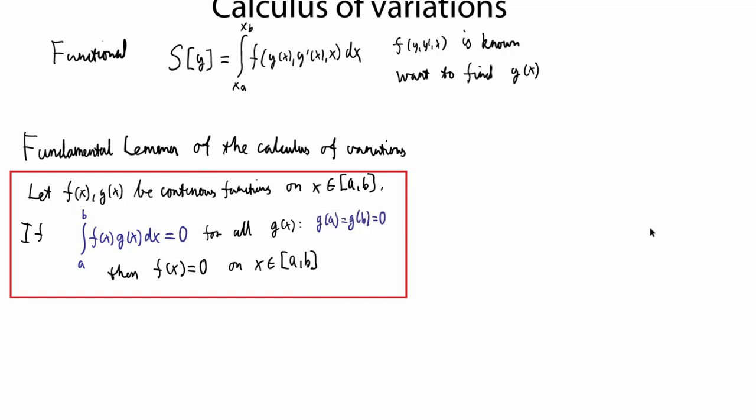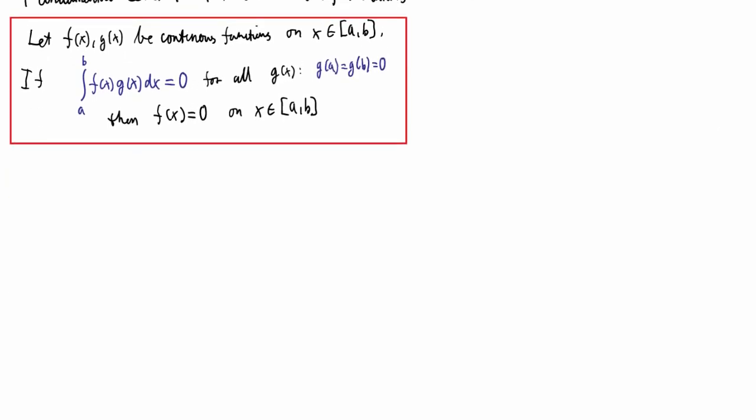Okay, let's go back to prove that first. It turns out to be relatively easy. Let's say that we have f of x, and it can be any function. We're starting out here at point A, going to point B, and f is some continuous function between the two points.